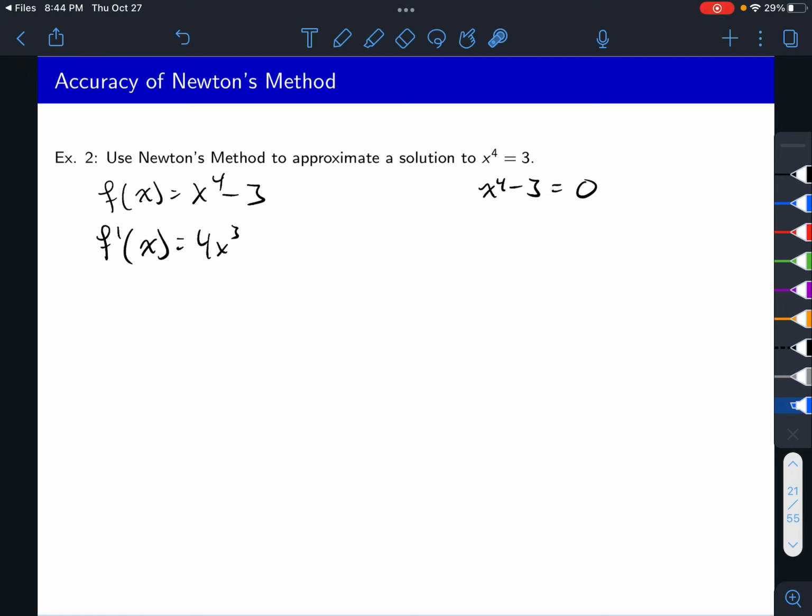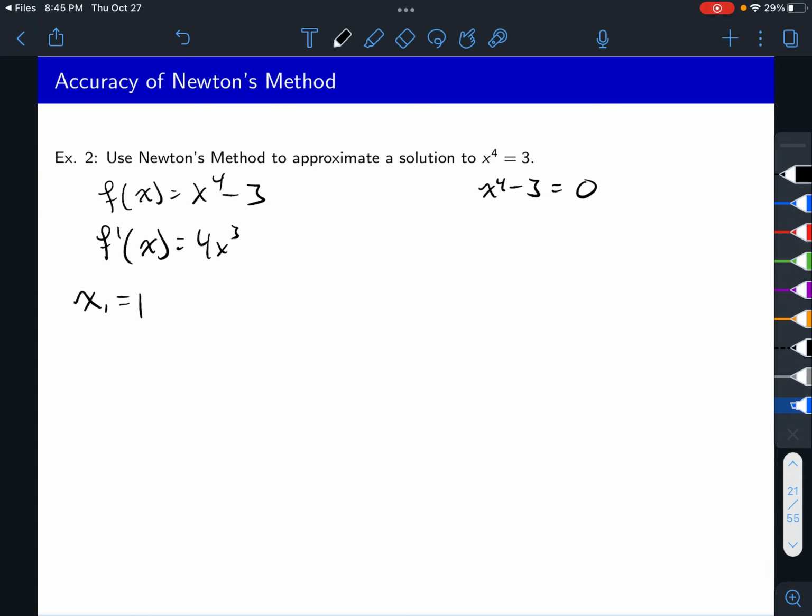This is not giving us an initial guess or even how many approximations to do. We just have to use our best judgment here. So what would be a good first guess to start with for x to the fourth equals 3? Well, maybe we can start with 1.